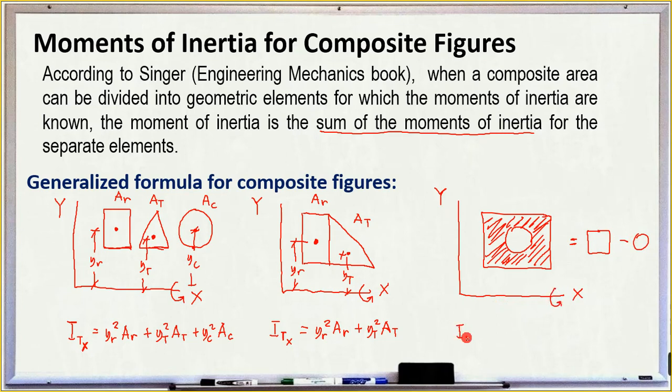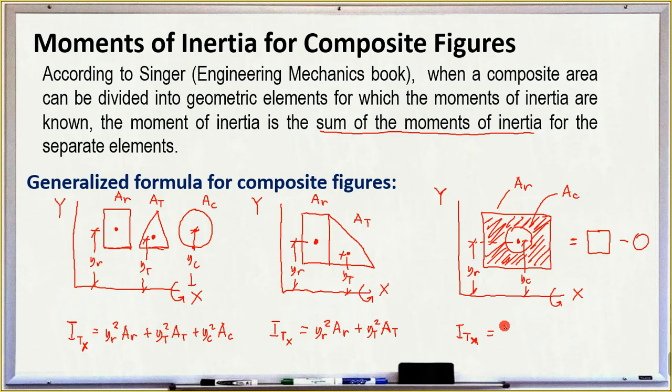So the total moment of inertia for this composite figure is just equal to, first is the rectangle. So we have the area of the rectangle, and then we also have the area of the circle, and of course yung rectangle natin from its centroid, it has a distance yr, and of course our circle meron ding centroid, it has a distance of yc.